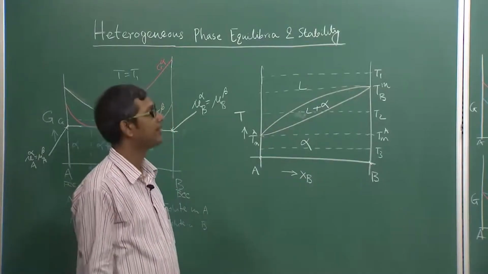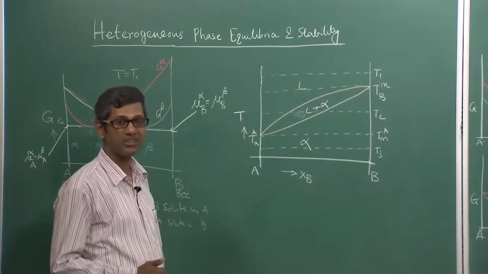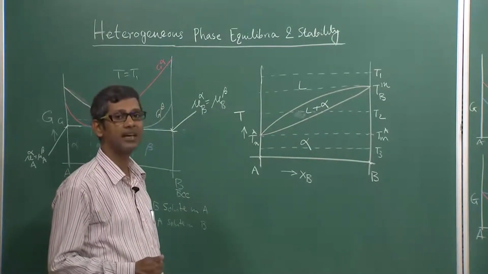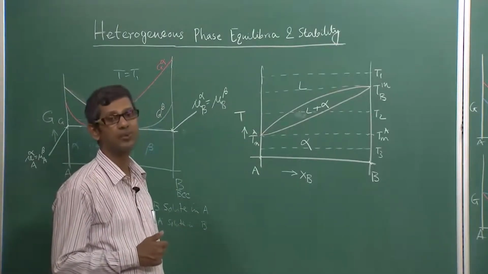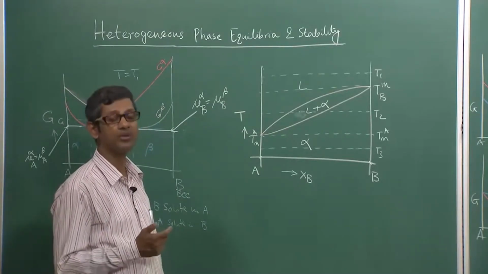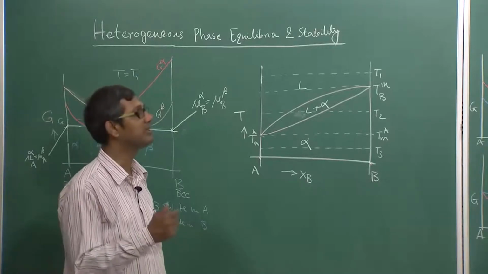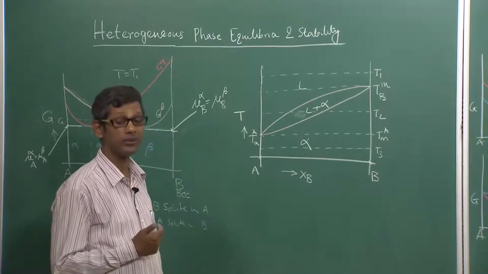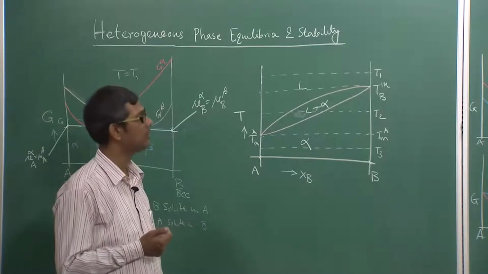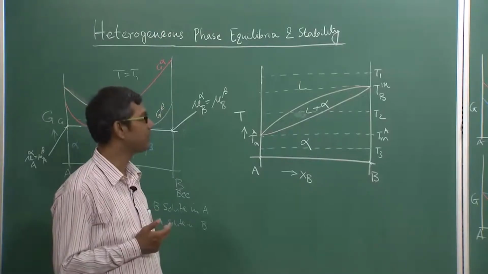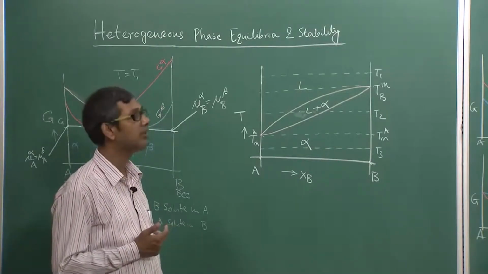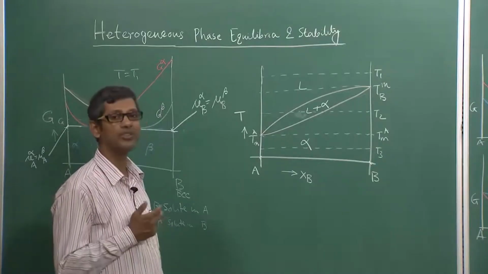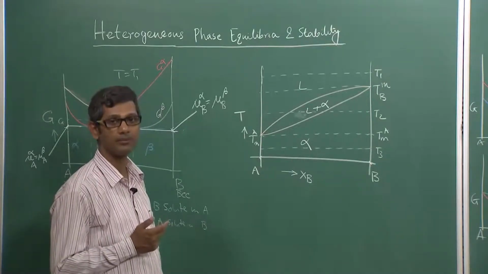Third, whenever you have a crossover of the free energy curves, that indicates that there is a composition range in which both the phases will be stable, or all the phases rather. It can be that three free energy curves will be crossing over, so then three phases will be stable also. But here, because it's a very simple phase diagram, only 2 free energy curves are crossing over. So crossing over means there is a composition range in which both alpha and liquid are stable.